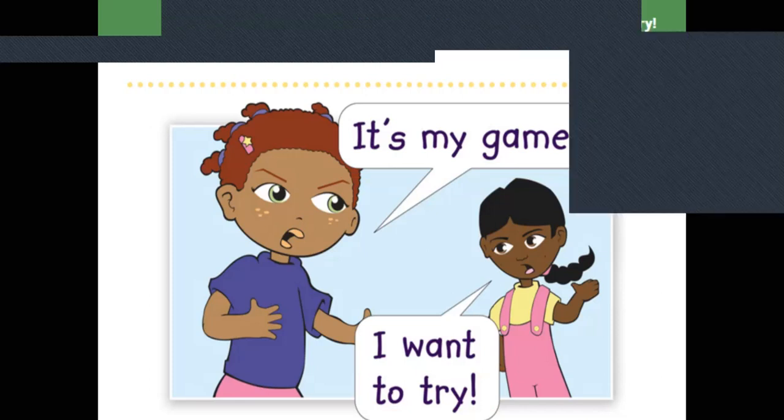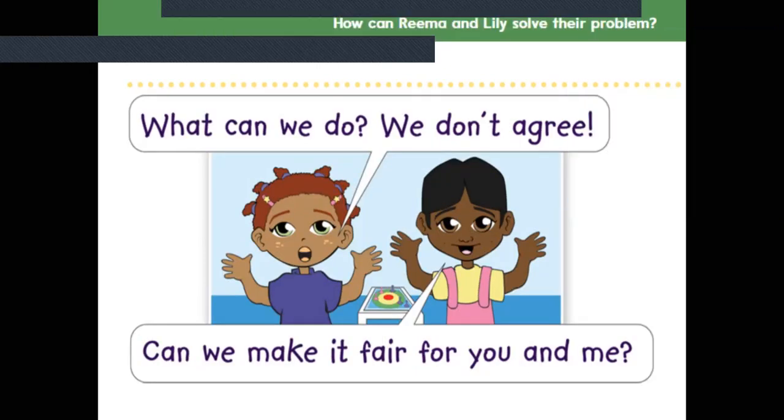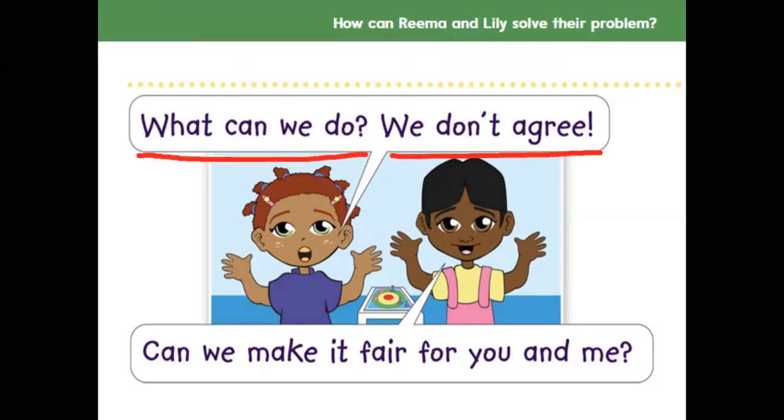Let's look at the next page, or the next box, I'm sorry. So here, Rima is saying, "What can we do? We don't agree." And Lily says, "Can we make it fair for you and me?" So, do you think being kind to others is important?